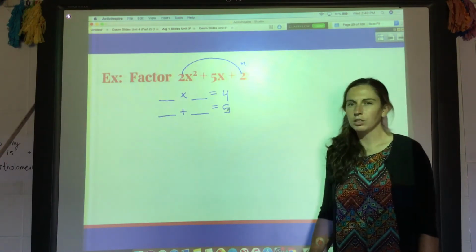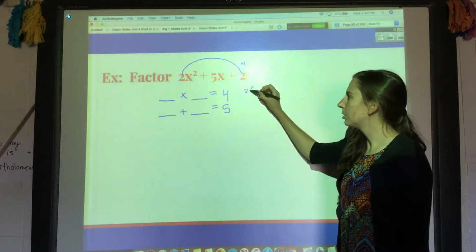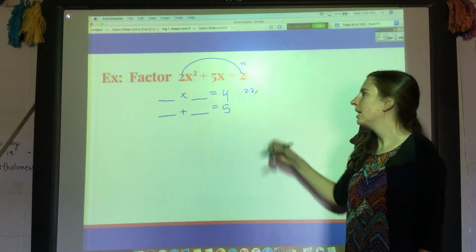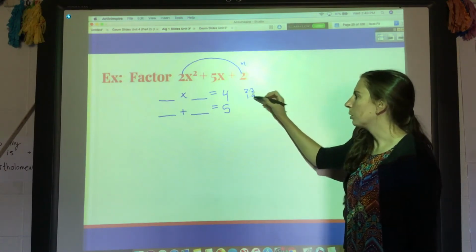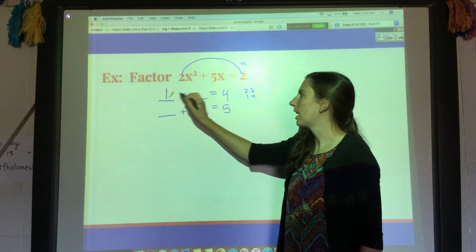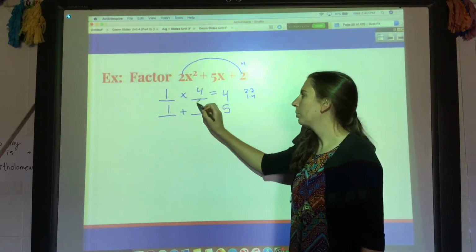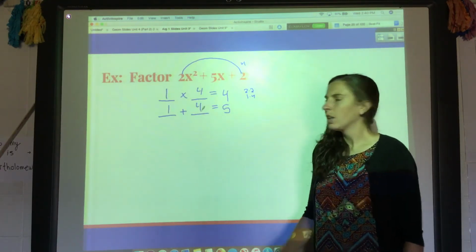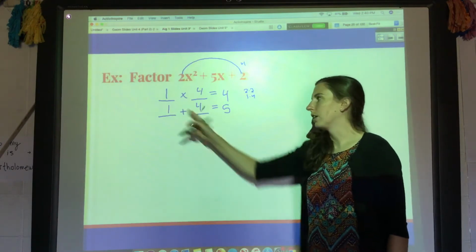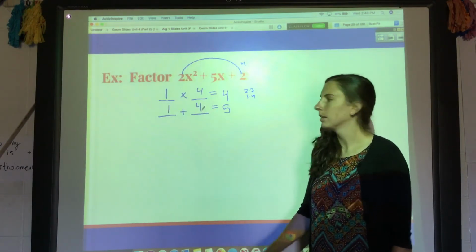This one's a little trickier because 2 times 2 doesn't work, that doesn't add to 5. But actually 1 and 4 will work because 1 times 4 is 4 and 1 plus 4 is 5. The order you put them in doesn't matter. I could have done 4 and 1 or 1 and 4.